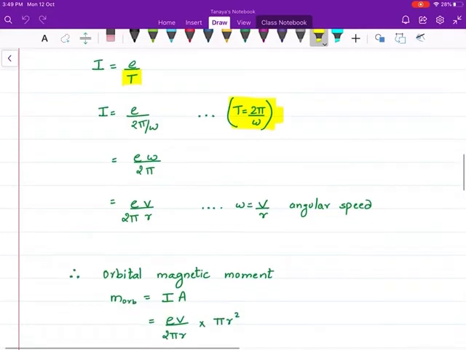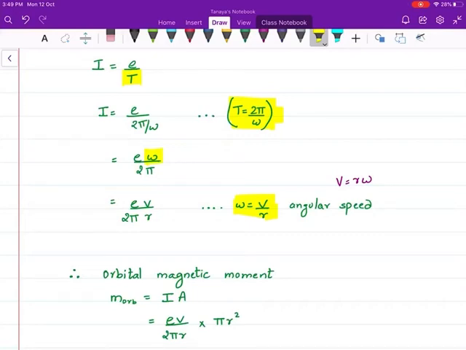Right? Now what is this omega? Omega is v upon r. You know the relation v is equal to r omega, is it not? So from that I get omega is equal to v upon r. So substitute over here in place of omega. So I get e upon 2 pi. In place of omega, I have written v upon r. Right? So I get the relation I is equal to e v upon 2 pi r.